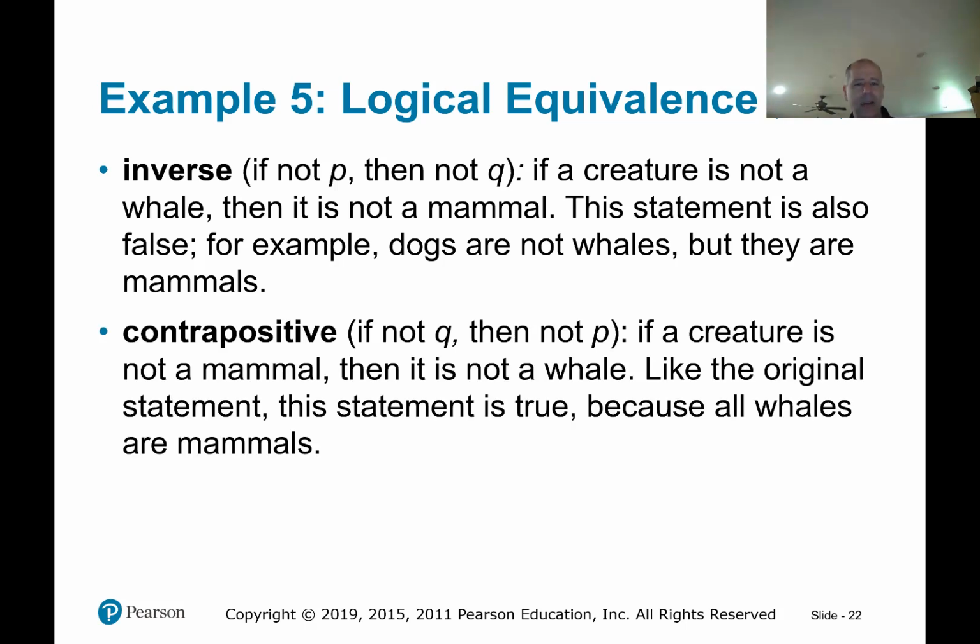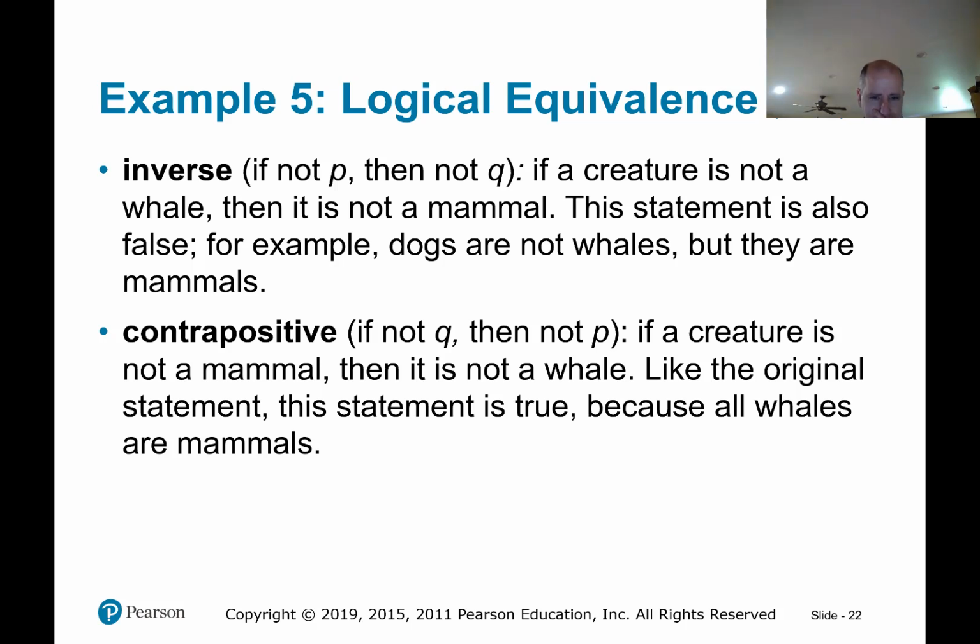And then finally, the contrapositive. If not Q, then not P, or not Q implies not P. If a creature is not a mammal, then it is not a whale. And that is absolutely true. That is the same thing as the first statement, right? So if a creature is a whale, then it is a mammal.